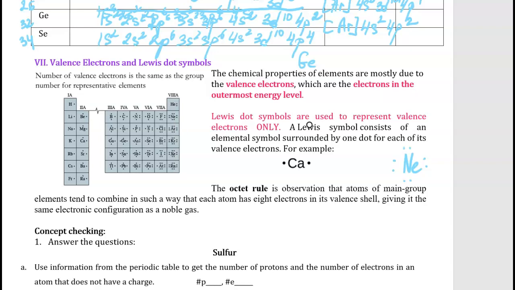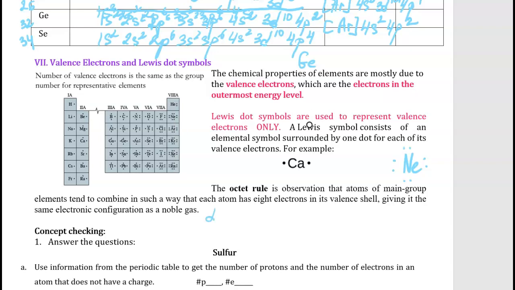But how can you write down its Lewis dot structure when it has less than 8 electrons? I would suggest it will be like this. If it has 3 or 4 or 5, just start with this.